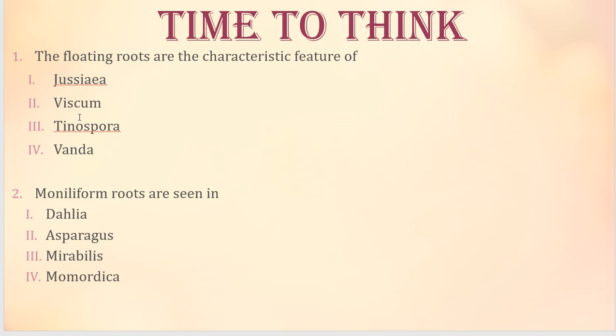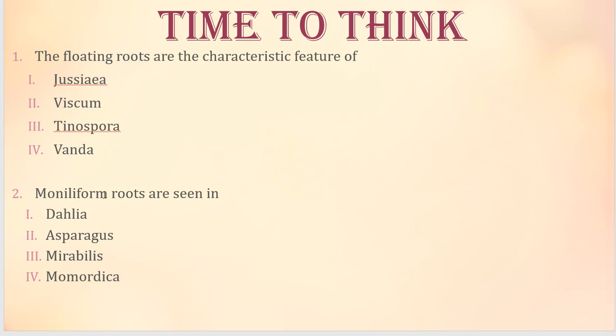Tinospora, we have studied that it usually grows on a plant with hanging lateral roots. Vanda is an orchid. Okay, so I said Vanda's name for another example. So remember all these names, think about all these names. Floating roots. So what is the function of floating root? What is floating root? And what would be the example?